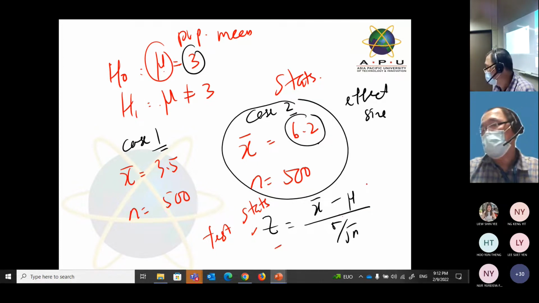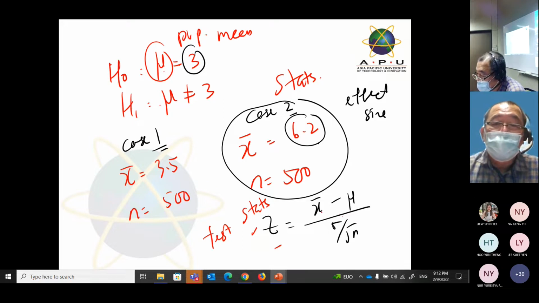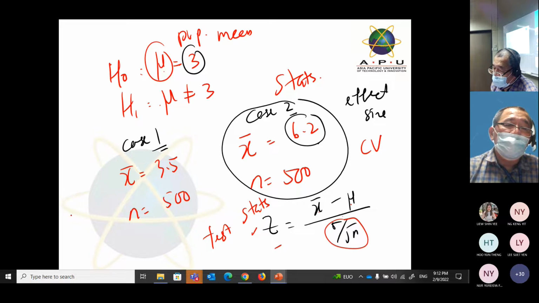Some of you should have learned this before, especially if your degree is from business, economics or accounting. Okay, so we call this the critical value approach. In x bar minus mu over sigma over square root of n, assume the sigma over square root of n term is the same between case 1 and case 2.